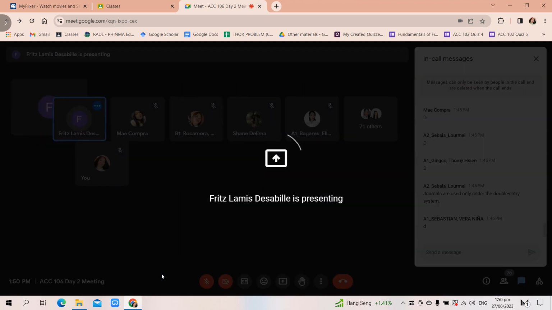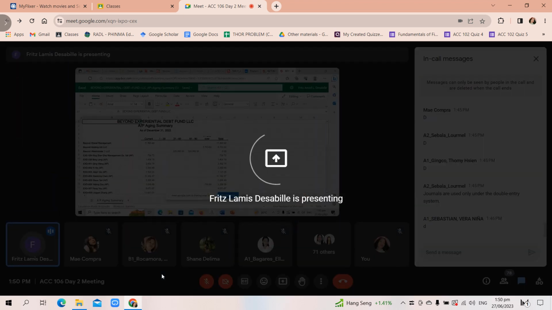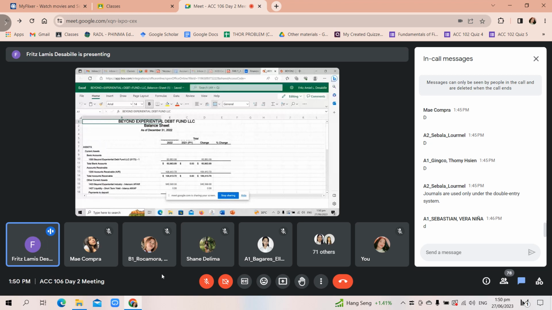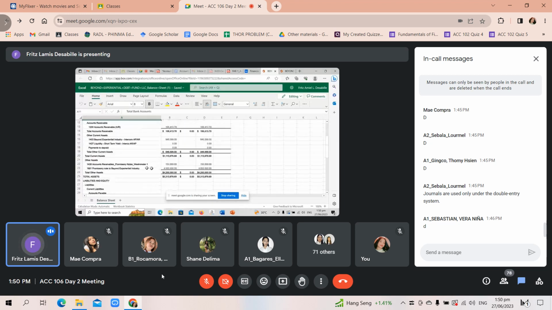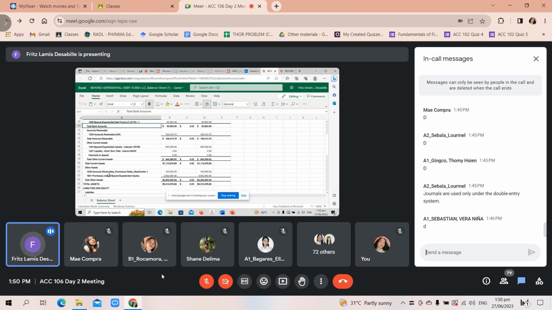An example. So this is the, again, I guess, quote unquote, this is the GL. So say for example, accounts payable. So accounts payable, kung mag-ingon tag GL, no, it only contains the balance of the account.